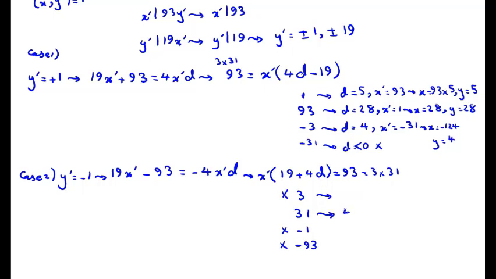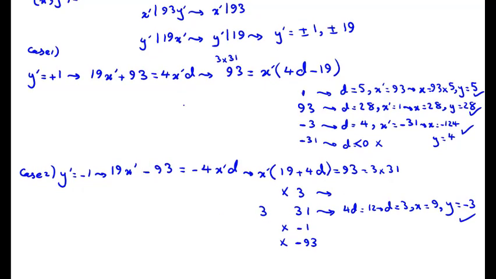So for this one, 4d is 31 minus 19, 12. d is 3. Because it is 31, x' will be 3. So x is d times x', 9. And y is negative 1 times d, which will be negative 3. So we found one answer here, two answers, three answers, four answers so far.